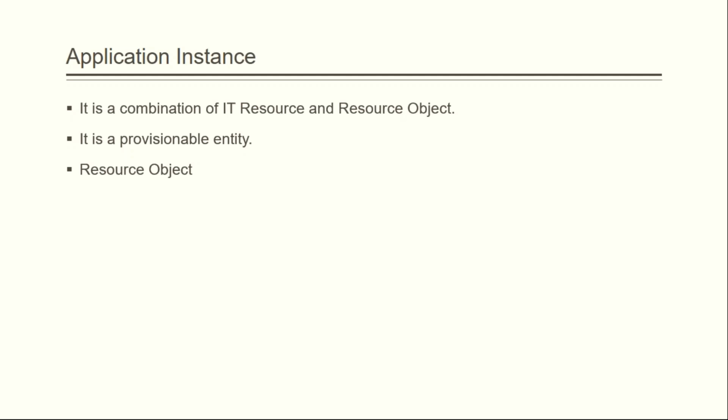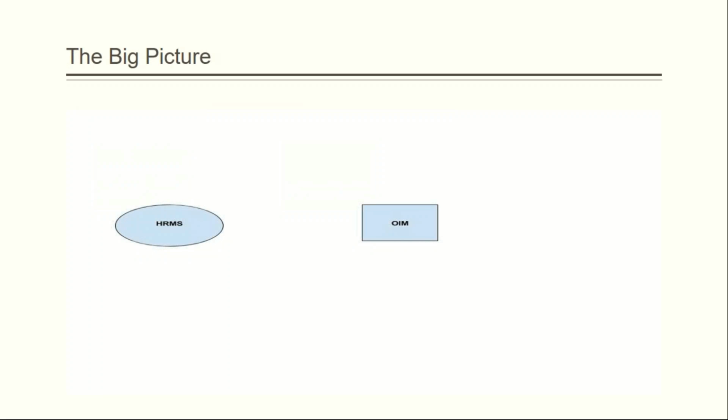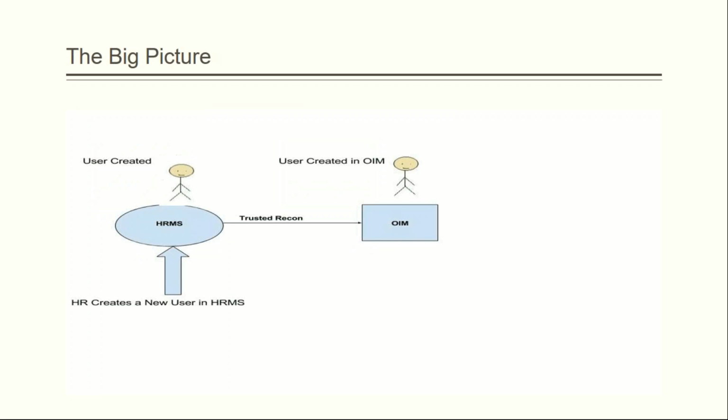Are you clear with the approval workflow or policy and for which purpose it works? So this is the big picture. Just see this animation and ask me if you have any doubt.